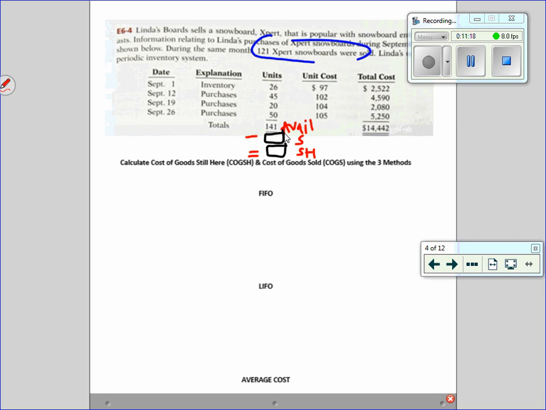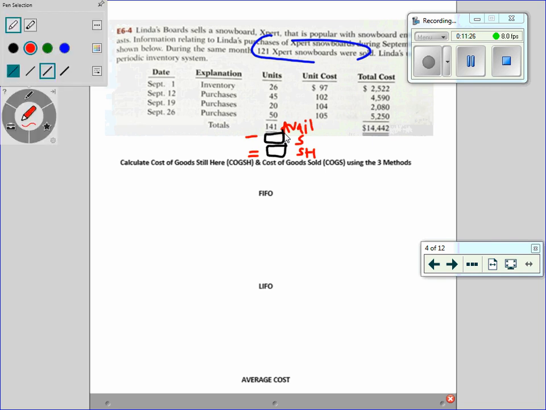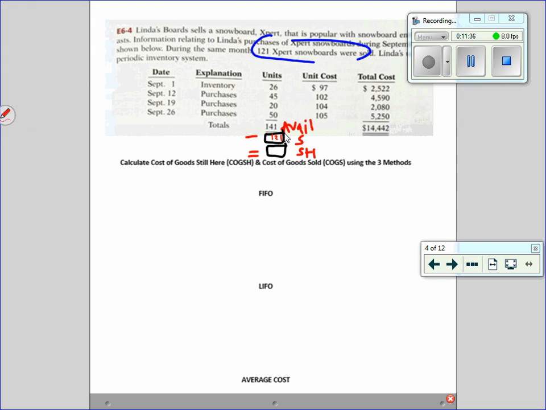How many did we sell? 121. We sold 121. What's shush? 20 is still here. Sometimes they'll give you shush. Sometimes they'll say, there are 20 snowboards still in stock. And then you'd, of course, flip-flop all of that. But I like to put the S and the SH there just so I can remember what's gone and what's still here.